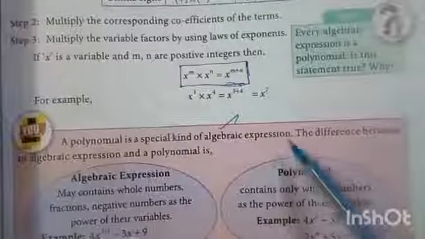Now we have to check algebraic expression and polynomial. What is the difference between an algebraic expression and a polynomial? A polynomial is a special kind of algebraic expression.